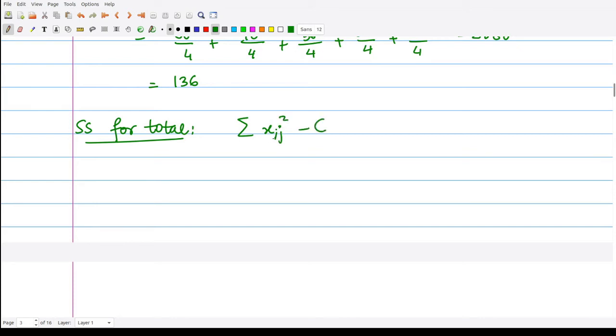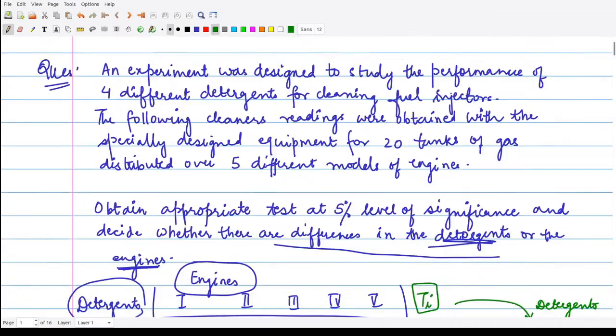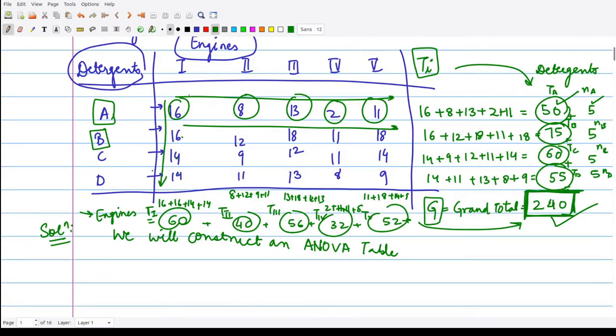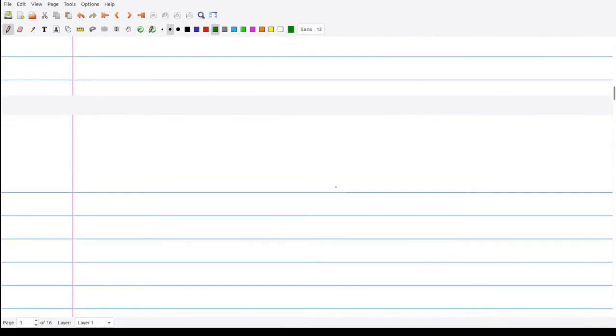Now small xij means it is for every single data value that you have. Now what are your data values? The data values are 16, 8, 13, 2, 11, 16, 12, 18, 11, 18. So I'm sorry, for every one of these digits you have these values. So let's write this down over here.